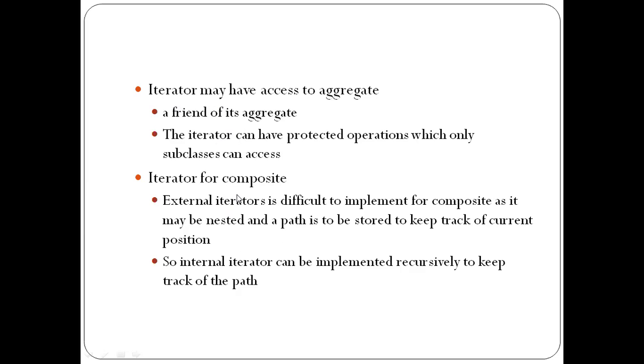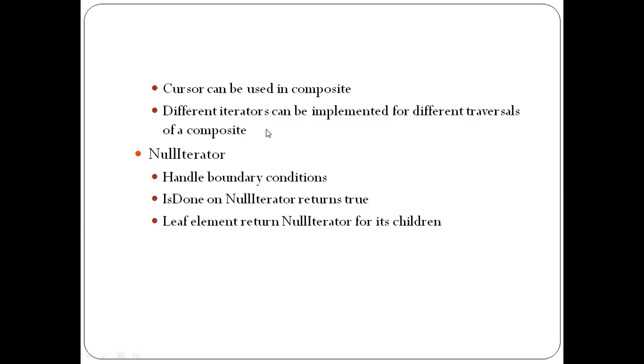For a composite or complex aggregate object, an external iterator is very difficult to implement. That means the client may not be able to do all the accessing by itself. So the responsibility of accessing will be on the iterator itself. In that case we have to go for an internal iterator. If the responsibility is on the iterator, we can also implement different traversals for the composite object.